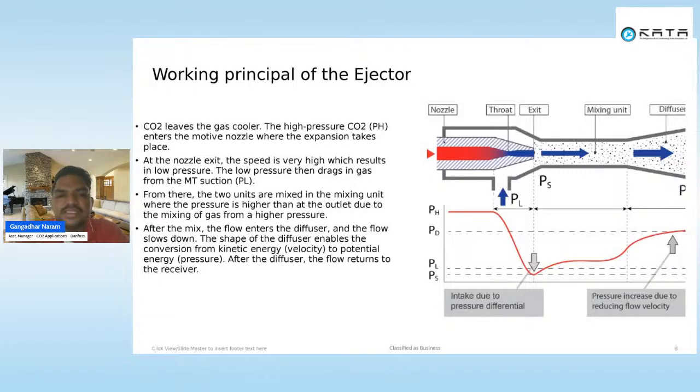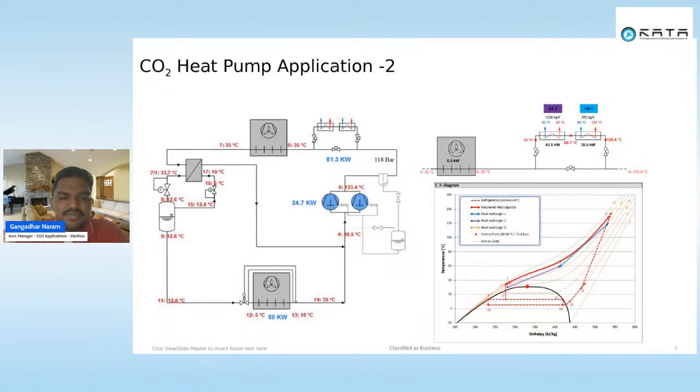So instead of sending all the gas from my MT evaporator outlet to the compressor suction, I am bypassing some of the gas to my ejector. In that way, I can save some power consumption on my compressor.